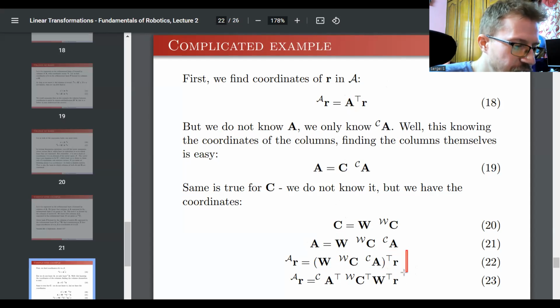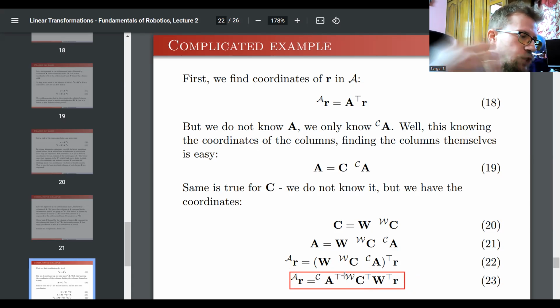Now we open the transposition, and omega goes from here to here. C sub omega goes here. A sub C goes here. So we get omega transposed, C transposed, A transposed. So we get somehow relations between R and A sub R. Okay. So far, so good. Next.